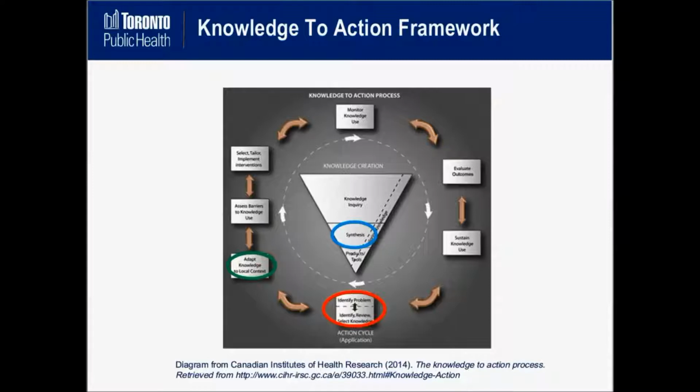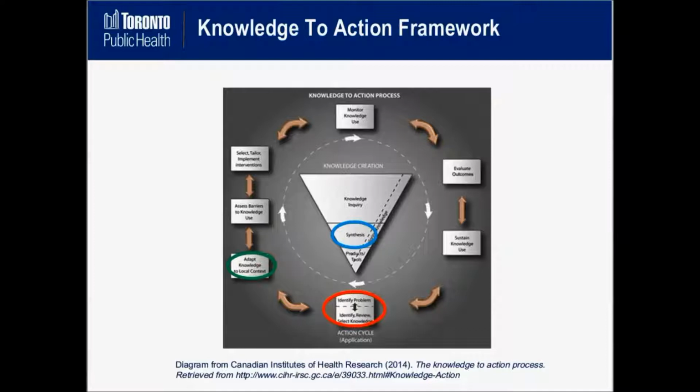So once the problem is identified, then I go back to the inverted funnel, to the blue circle. That is called the knowledge synthesis cycle, systematically examining the literature. The KTA model also believes, just like the JBI model, in using a systematic review methodology for evidence synthesis.